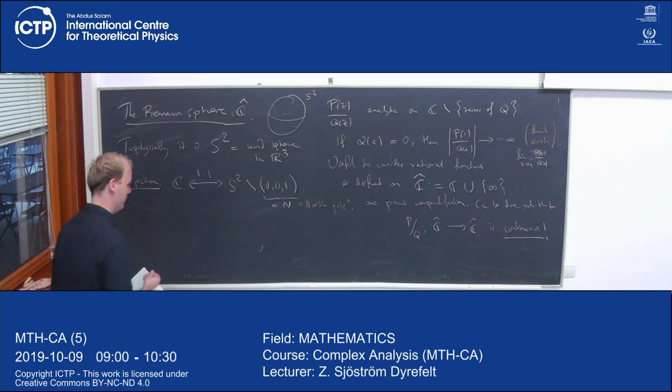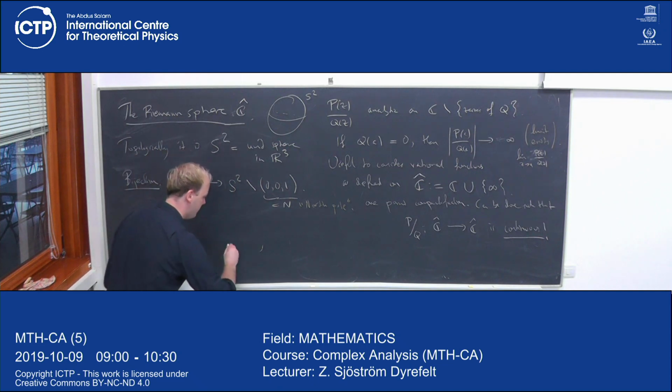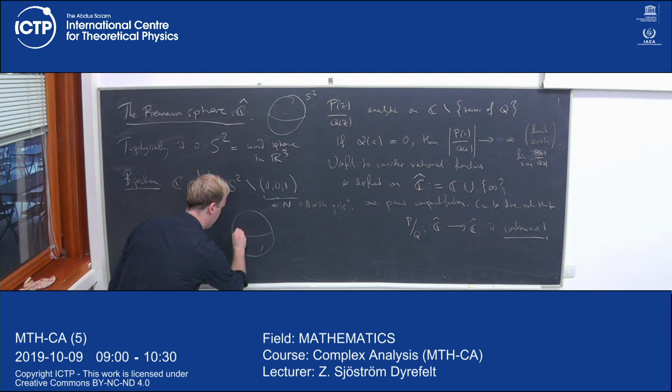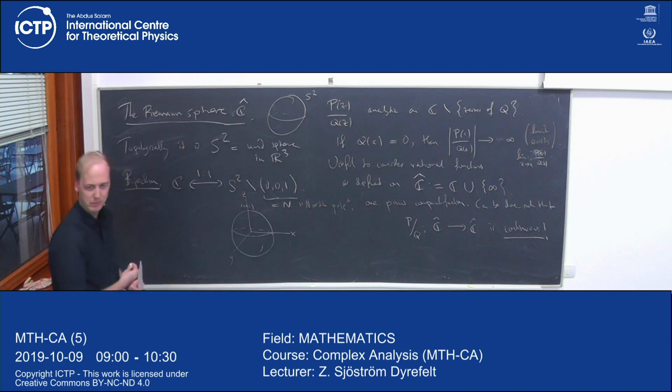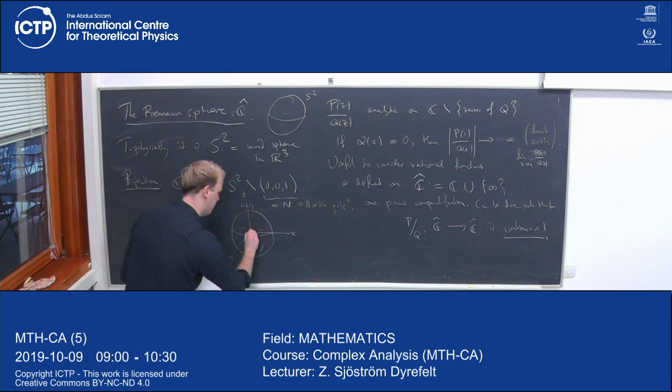Yeah, so let me draw this picture better. What we consider is this unit sphere. This is the point 0, 0, 1. This sits inside these axes. This is x, this is y, this is z. This is the origin.